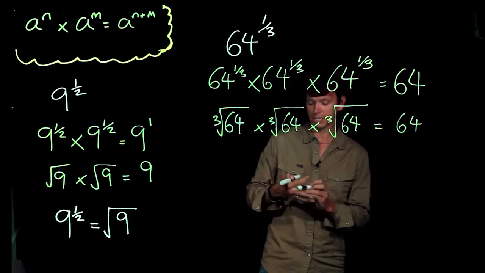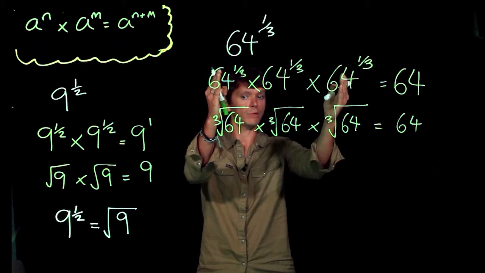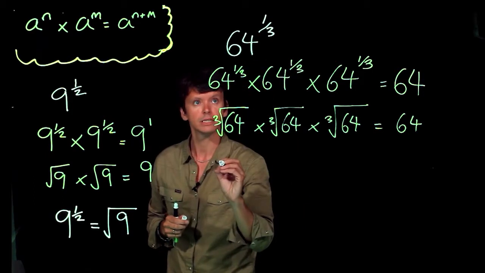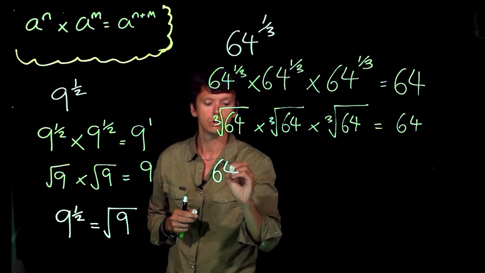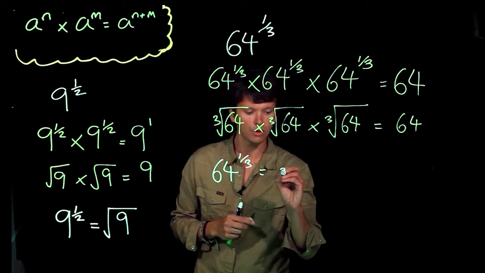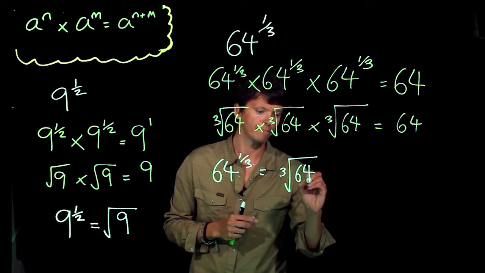And just like we did in our first example, comparing the numbers that we're multiplying, we can see that 64 to the power of 1/3 equals, this time, the cube root of 64.